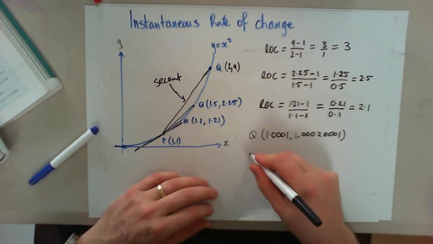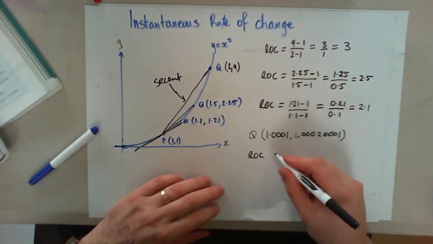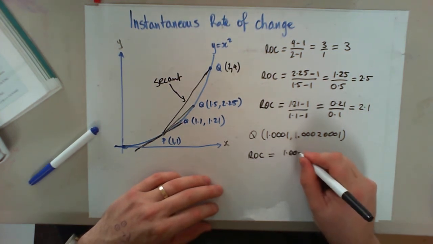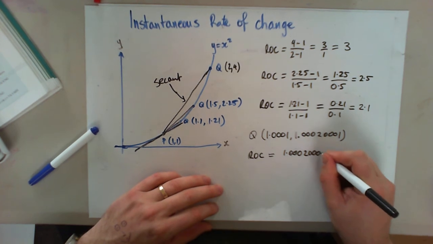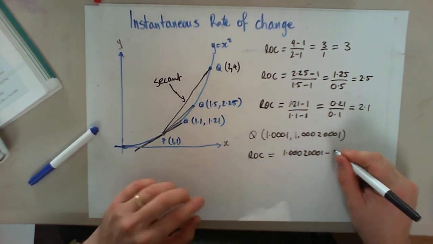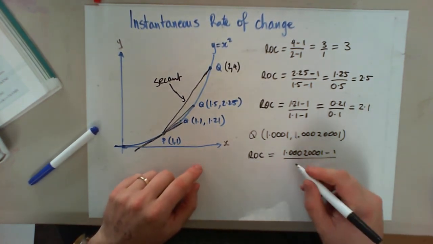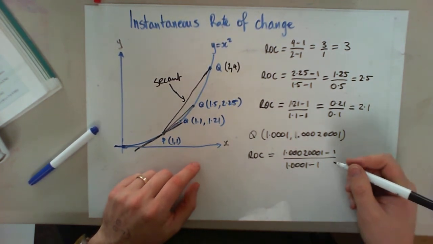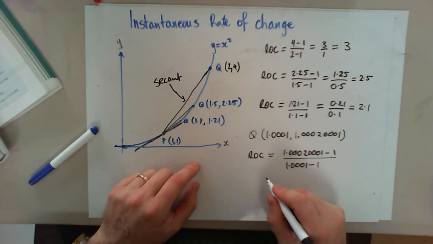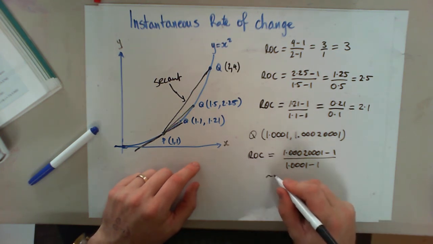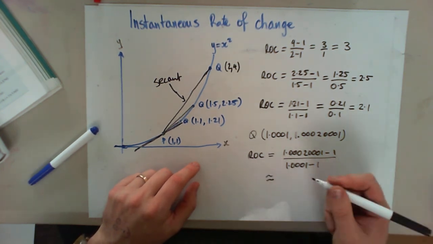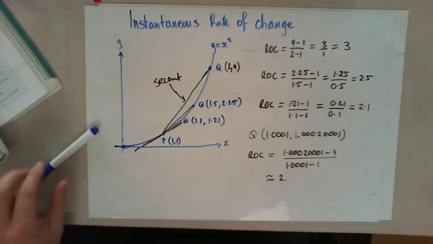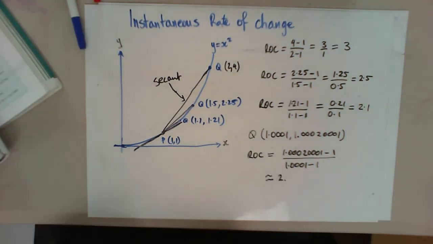So when we look at our rate of change for that one, we get 1.00020001 minus 1 over 1.0001 minus 1. When we do that, we find that we are getting very, very close to 2. And that is actually the gradient of the line at that point: 2.